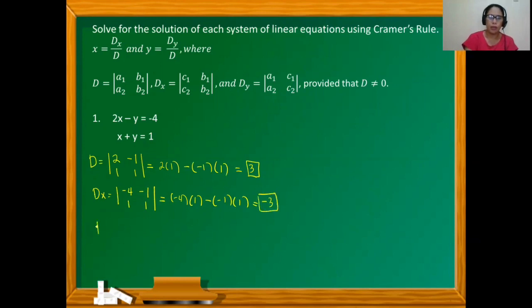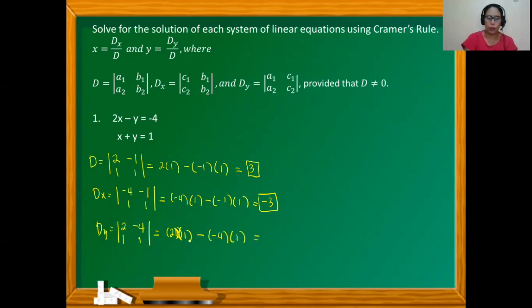And then we'll work on D sub y. D sub y equals, so we have a sub 1 again and a sub 2, 2 and 1 respectively, c sub 1, c sub 2, we have negative 4 and 1 respectively. So D sub y equals the difference between the product of 2 and 1 minus the product of negative 4 and 1.